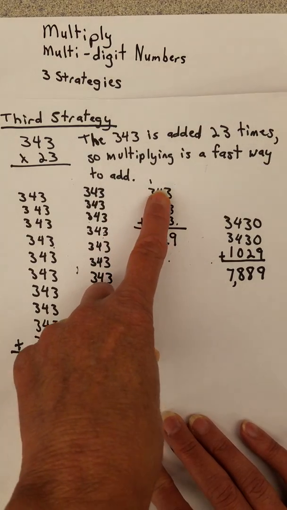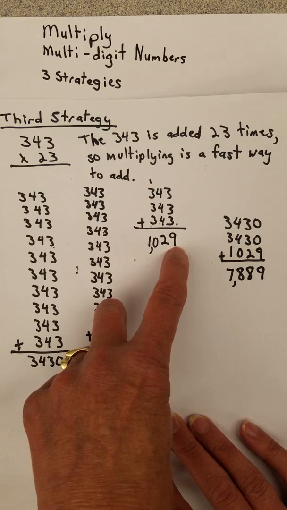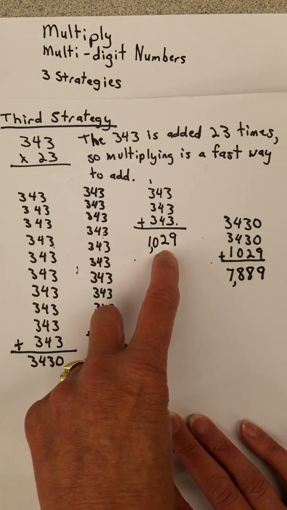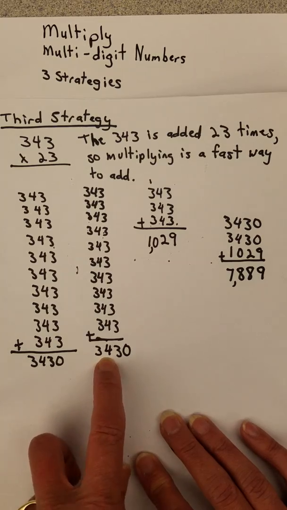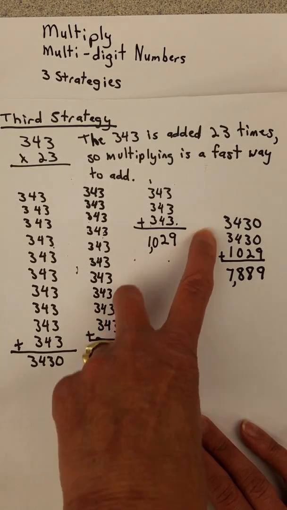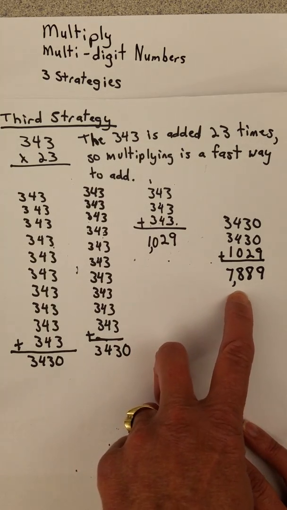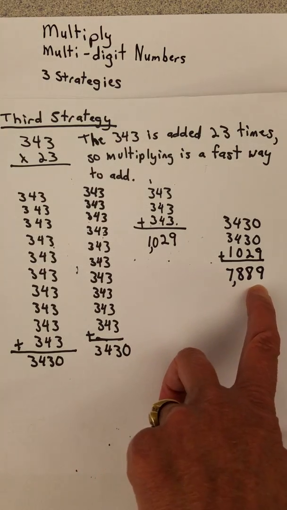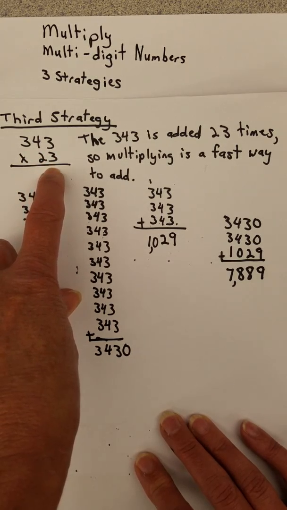Okay, so all I really have to do is add the 3. And so it is 1,029. Take the 3,430 with the other 3,430 and the 1,029 and add them up. So it is 7,889 when you do 343 times 23.